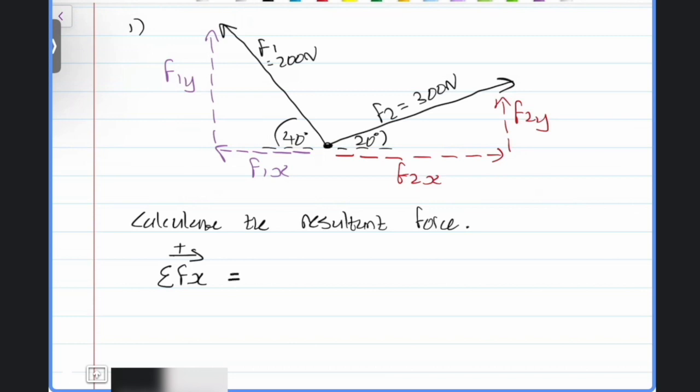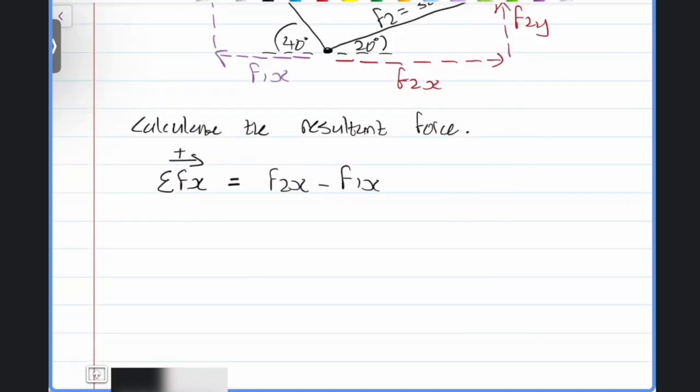Now as a vector, because this is going to the right and then this is going to the left, do you think I'm going to be saying F2x plus the F1x, or am I going to say F2x minus this F1x? Minus, definitely minus. So here, it's going to be F2x minus the F1x. And this is how we do it.